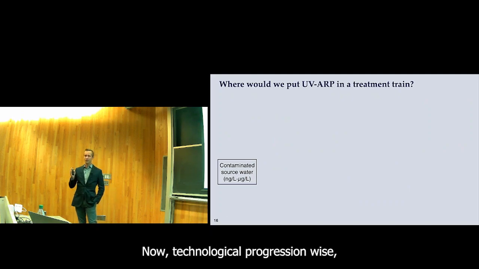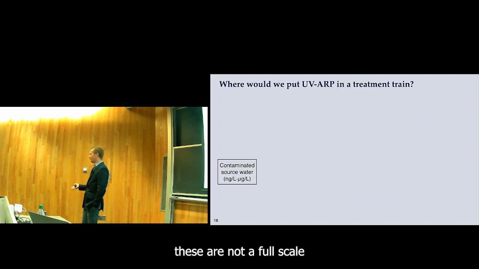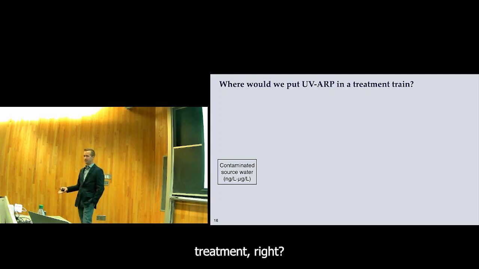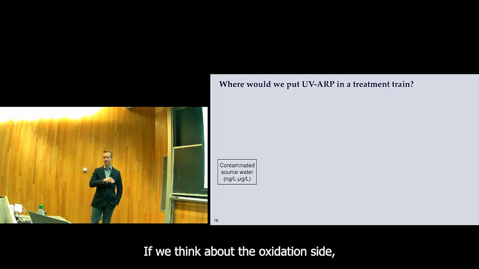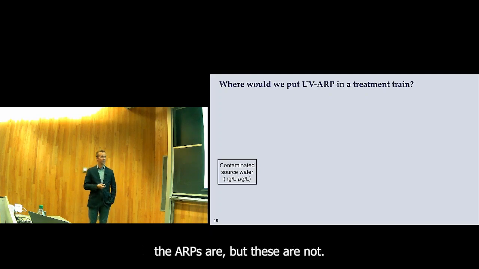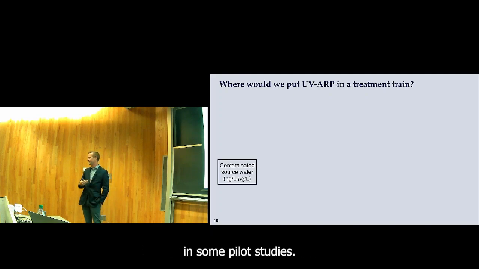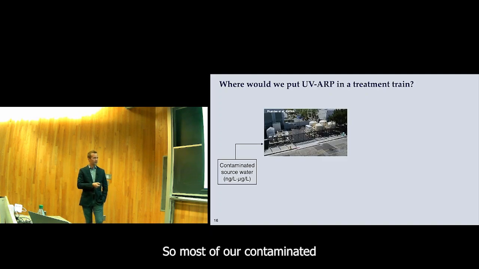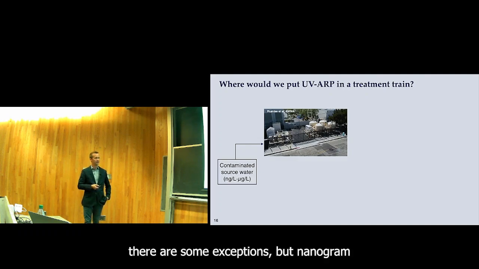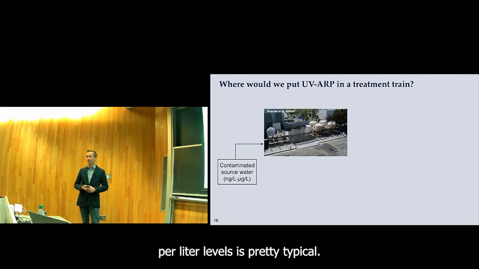Now, technological progression-wise, these are not at a full-scale treatment, right? If we think about the oxidation side, UV-AOPs are, but these are not. This is still at the lab scale and in some pilot studies. But it's important to think about where we might put this in a treatment train. Most of our contaminated source waters, with some exceptions, have nanogram per liter to microgram per liter levels, which is pretty typical. So you're most likely not going to use a destructive technology directly there.